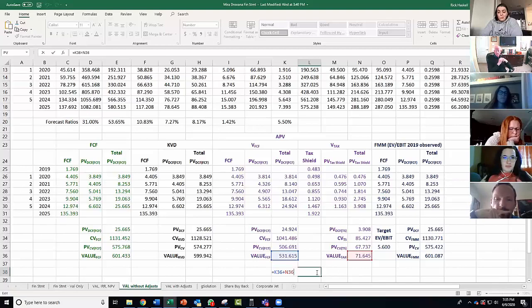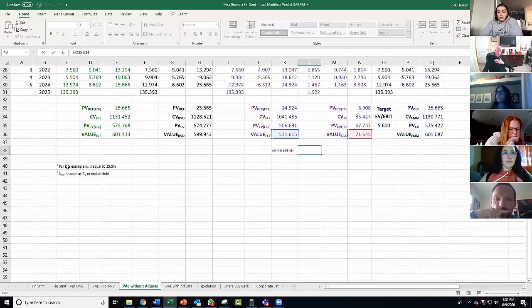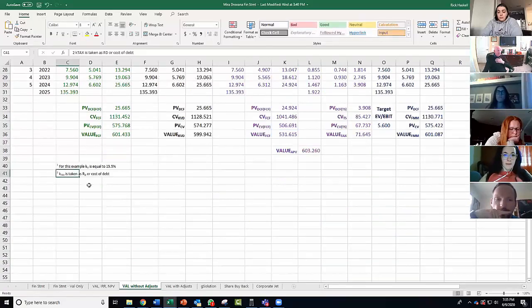K-tax will equal RD. You can probably barely see it here, and you might have recognized it on your Excel assignment. You see these same footnotes that K-tax is taken as RD, and KU is equal to 15.5% in this case.